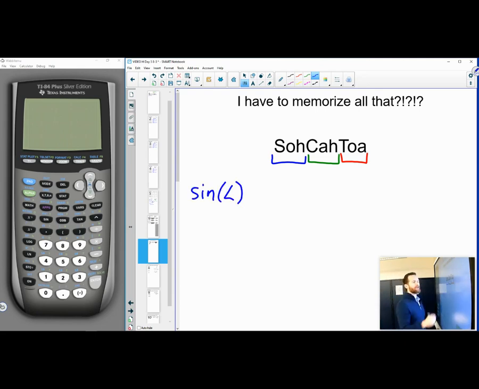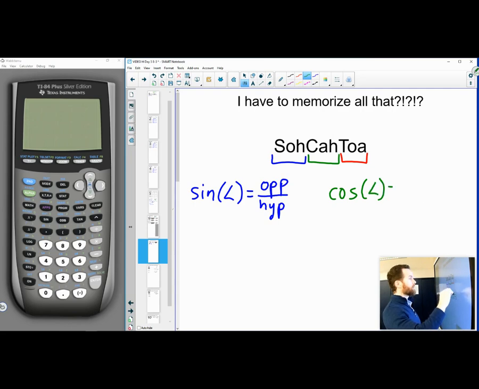So it tells us the sine of the angle, and then the O stands for opposite, and the H stands for hypotenuse. The C stands for cosine, so we have cosine of an angle equals the A stands for adjacent, and the H stands for hypotenuse.